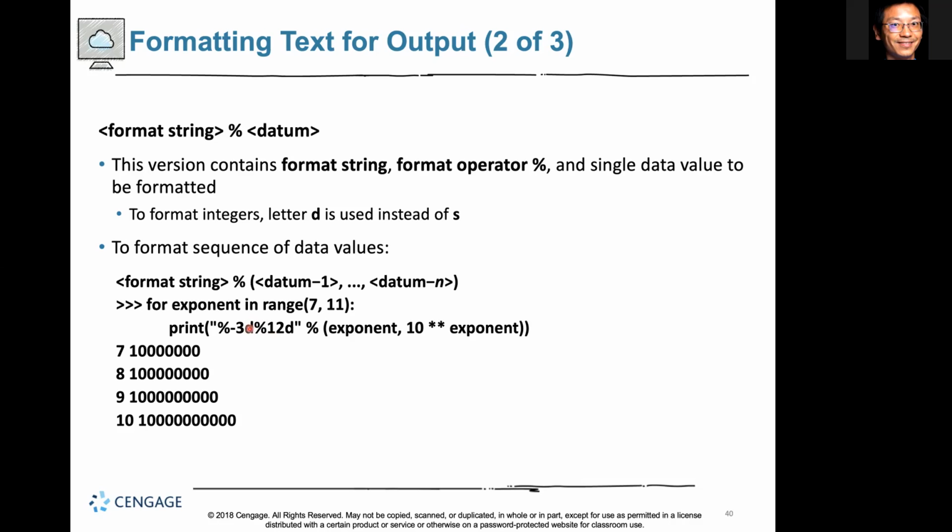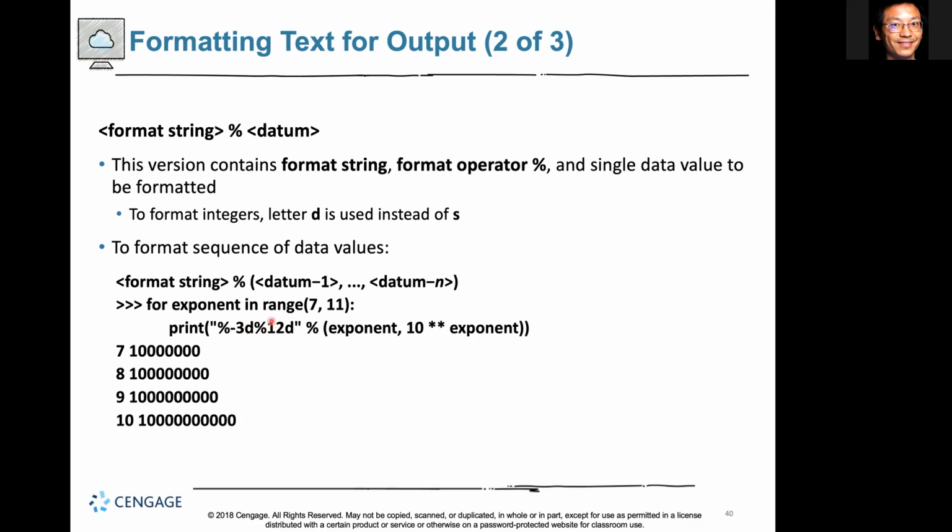Now the type d is used to print out integers. And the number 3 over here is saying the field width is 3. So you want to print this number within a space of 3 spaces. A negative sign here means we want to align this to the left in that space of 3 spaces, okay?